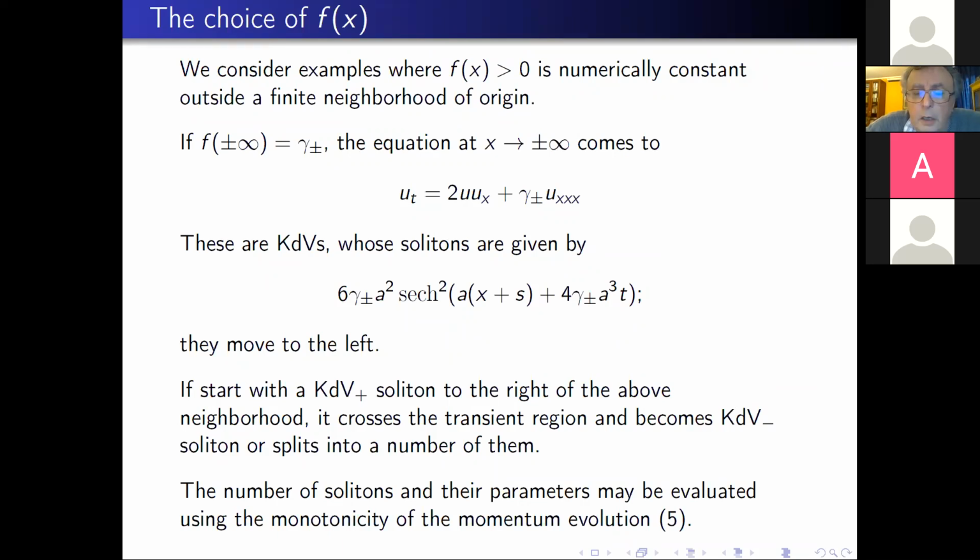That is, at plus infinity it becomes a Korteweg-De Vries, and at minus infinity this is also Korteweg-De Vries, but with a different coefficient by the dispersion summand.